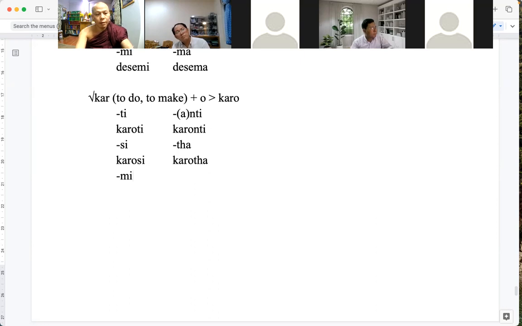And the Mi and Ma, first person singular and plural. So Karomi is first person singular, so I as subject. So I do, I make. And plural, Karoma, we do or we make.